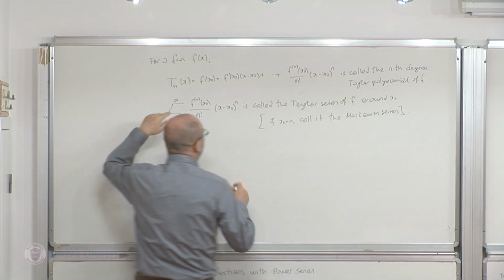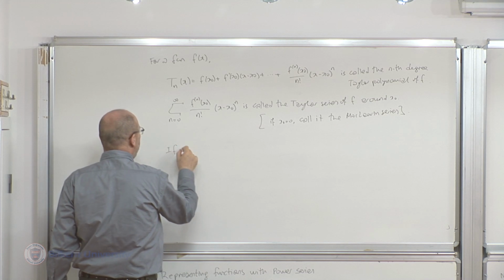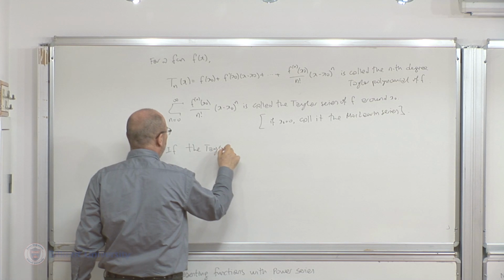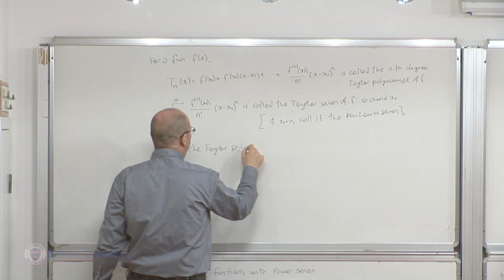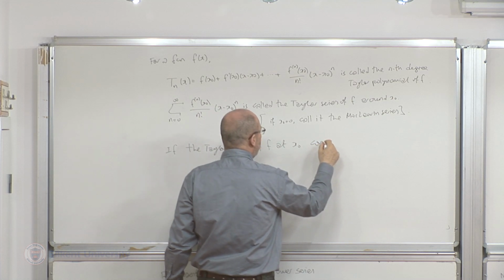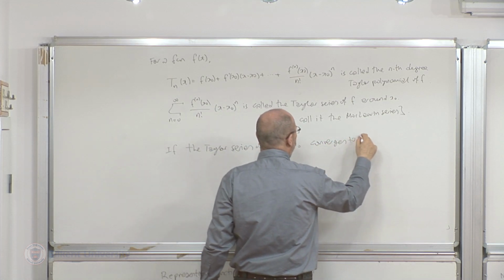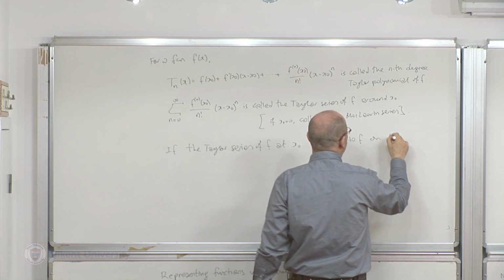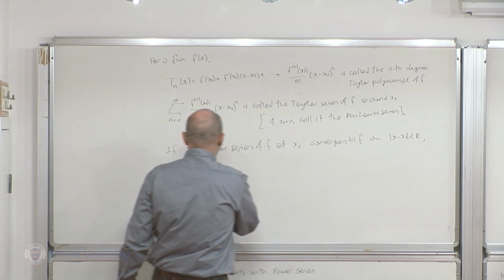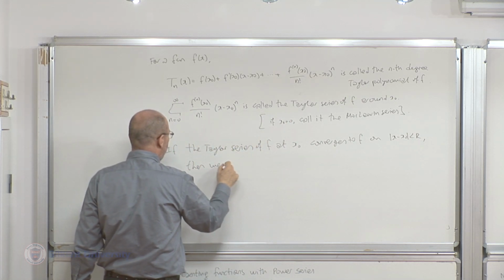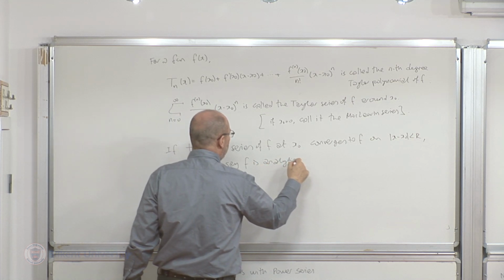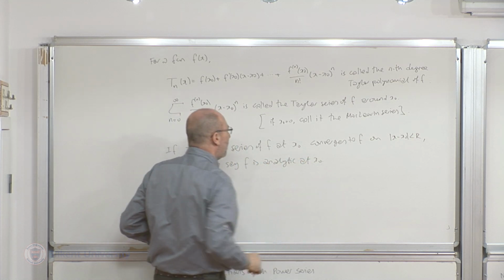So these are definitions, and if the Taylor series of f at x sub 0 converges to f on some interval, |x minus x sub 0| less than r, then we say f is analytic at x sub 0.